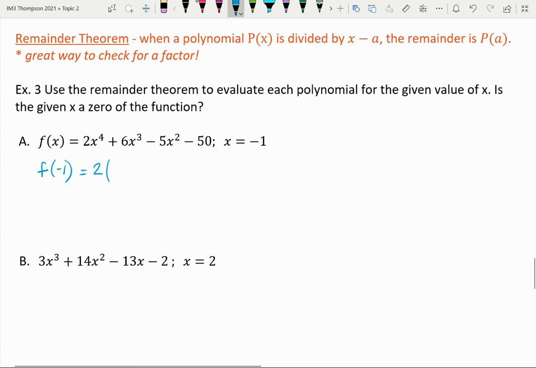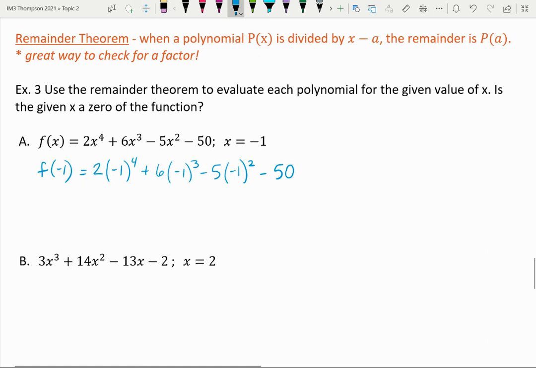I have 2 times negative 1 to the power of 4 plus 6 times negative 1 to the power of 3 minus 5 times negative 1 squared minus 50. And I'm going to simplify everything on the right-hand side. Remember, f of negative 1 is just a notation. This is just saying I'm evaluating this function at negative 1. It's like directions. And the right-hand side is everything that I'm going to simplify.